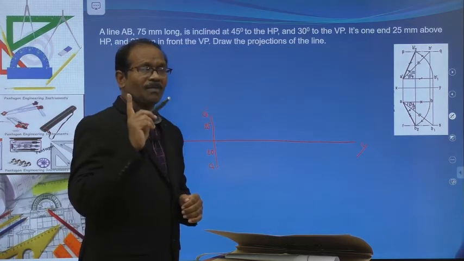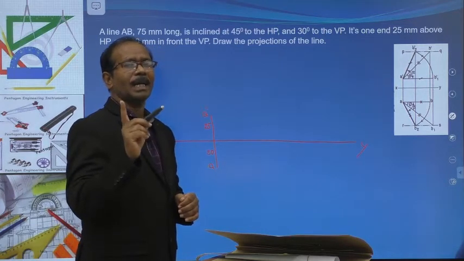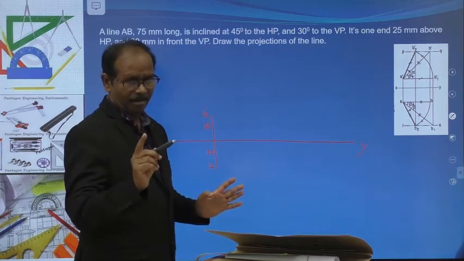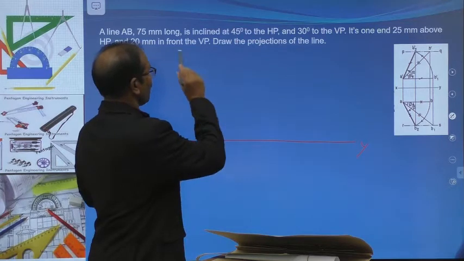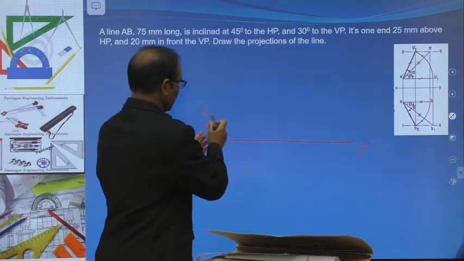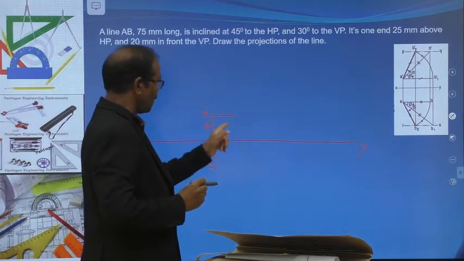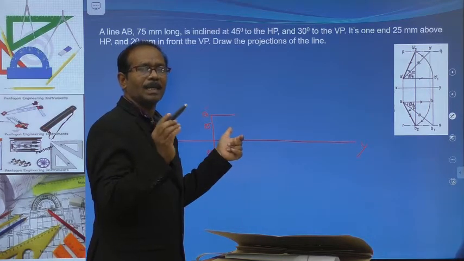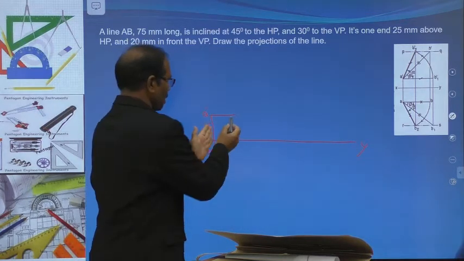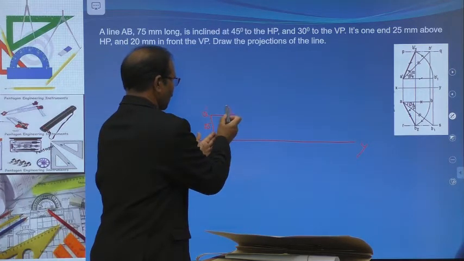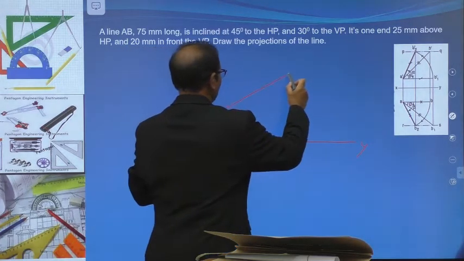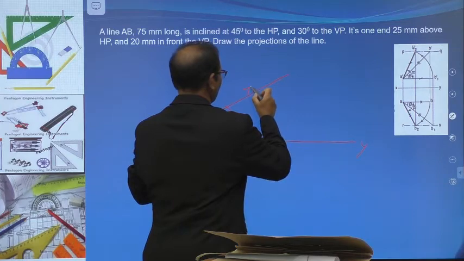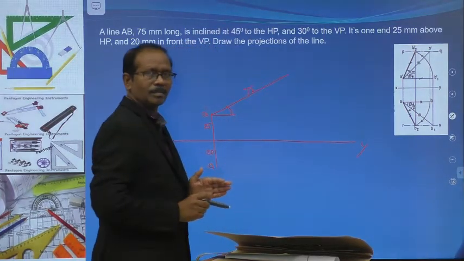In the first step, assume the line is inclined to the horizontal plane at 45 degrees. Take a small reference line, and with the help of a protractor draw a line at an angle of 45 degrees, of length 75.